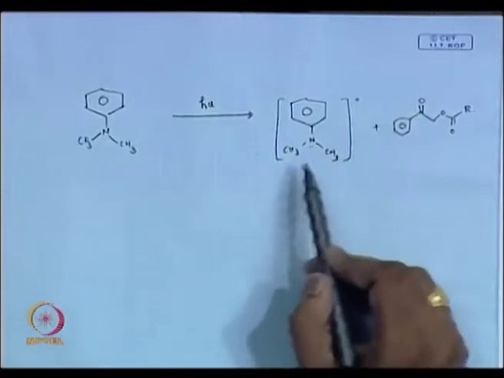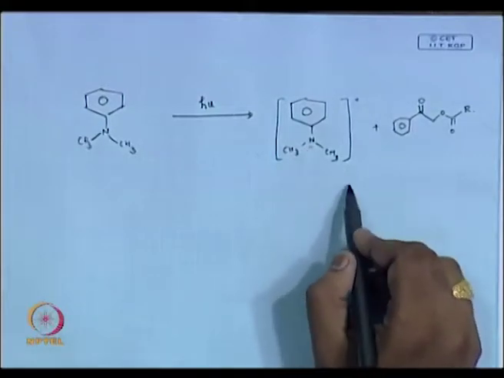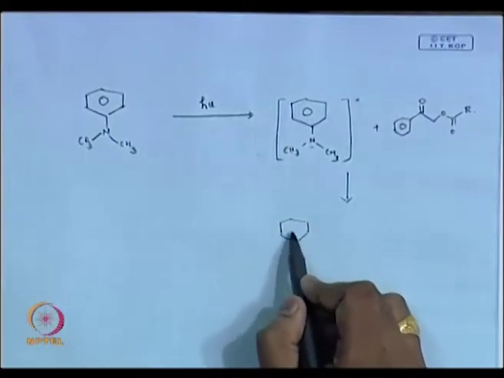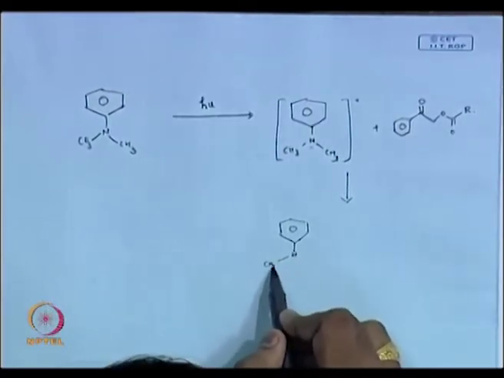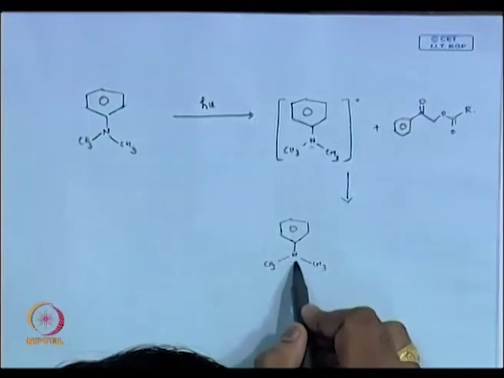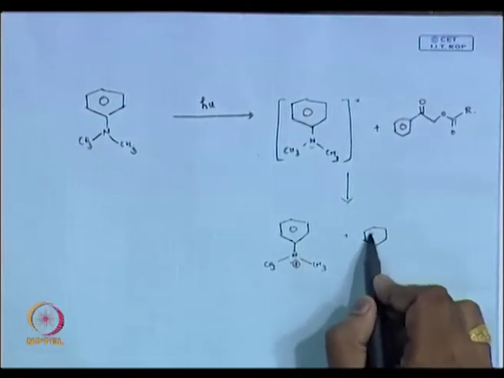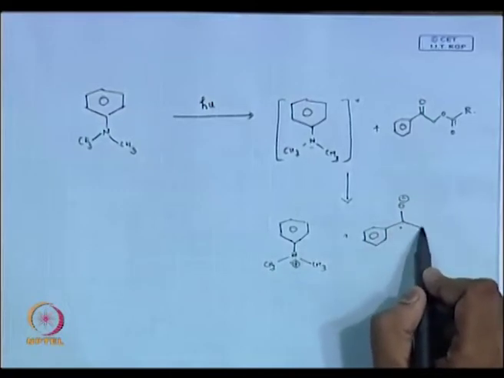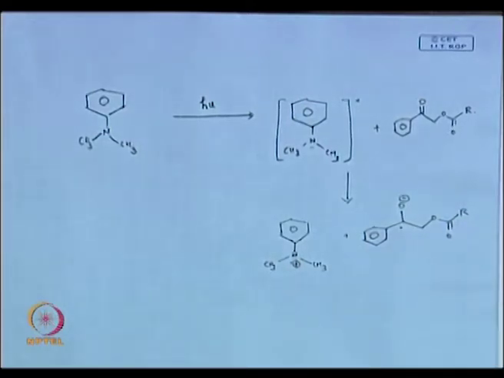Now your carbonyl can abstract an electron from your nitrogen. Okay. So you can get a system like this.